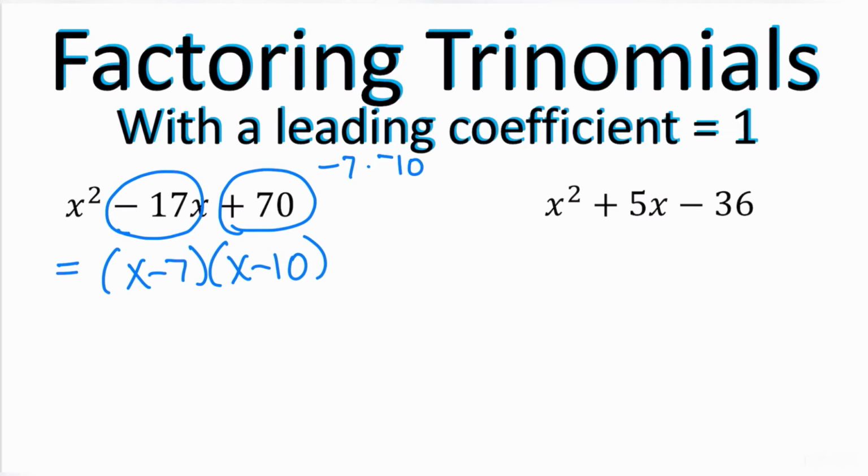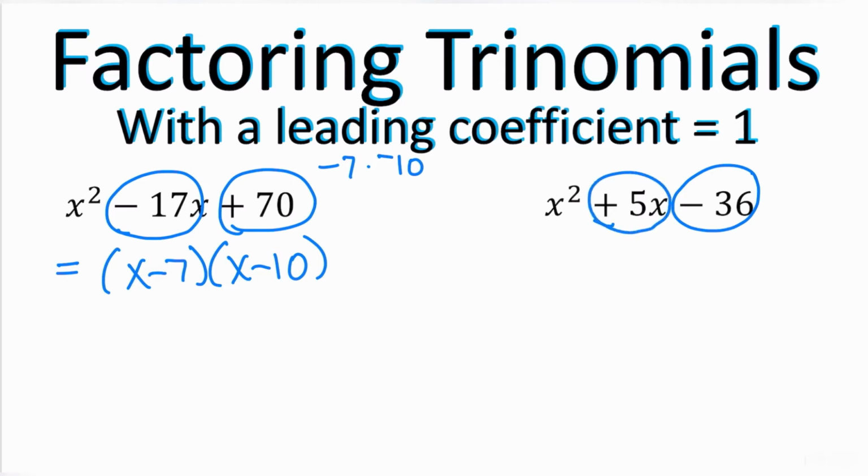So let's move on to the right side of the screen, x squared plus 5x minus 36. We're going to do the same thing. Notice this is also a trinomial where the leading coefficient is equal to 1. In this case, we have to multiply to give me a negative 36, and then it's going to add to give me a positive 5.